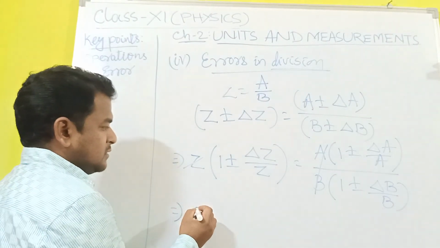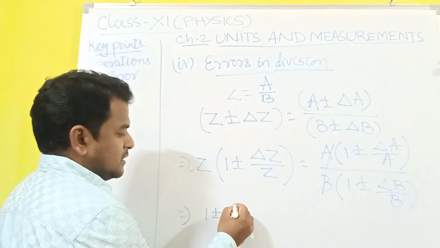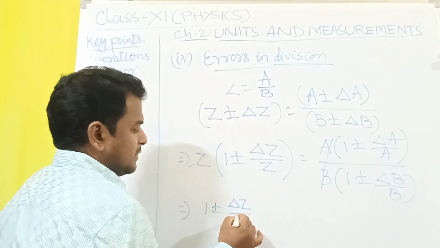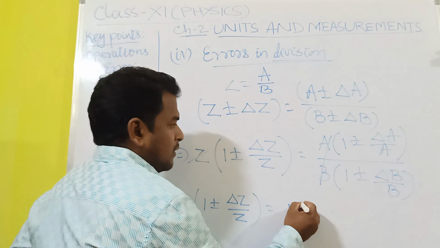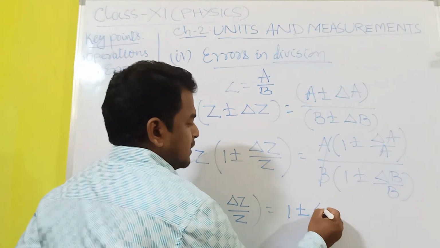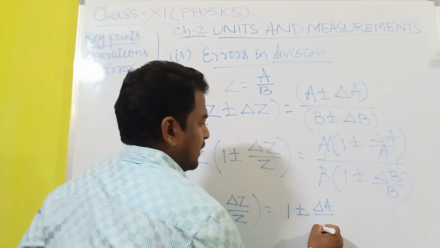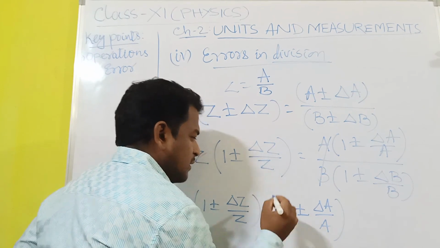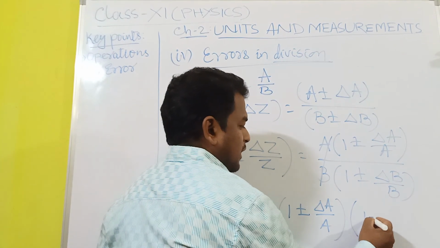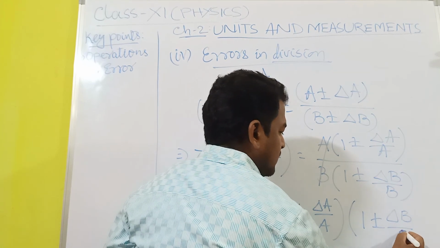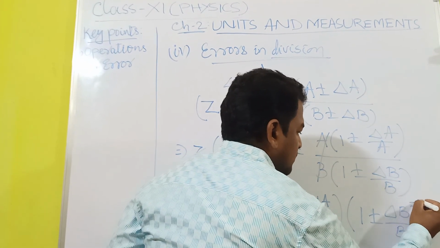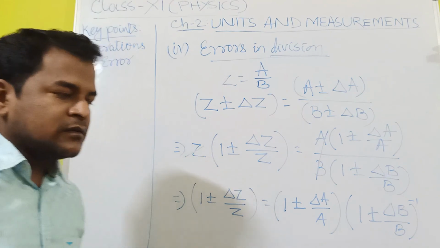So how much left? 1 plus minus delta z by z equal to 1 plus minus delta a by a into 1 plus minus delta b by b whole to the power minus 1.